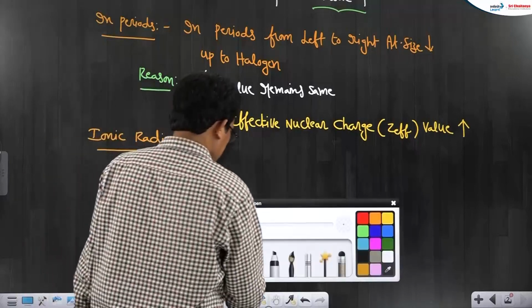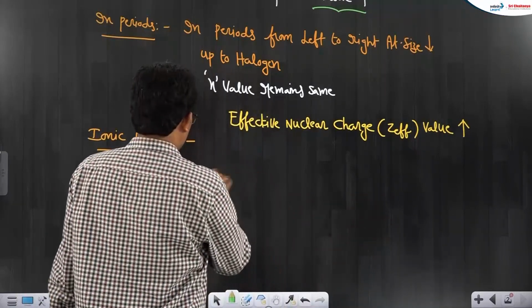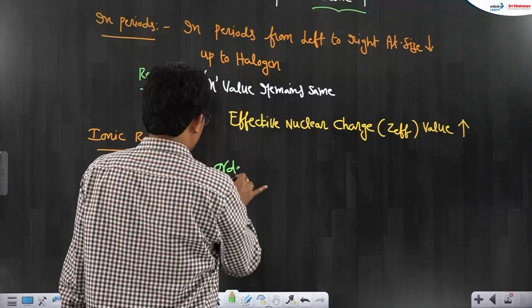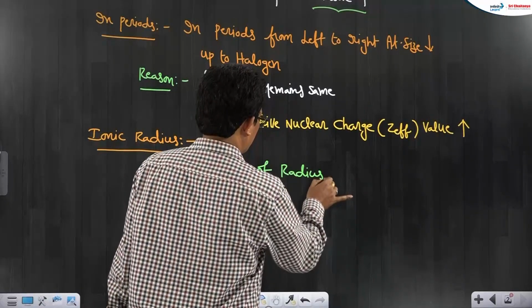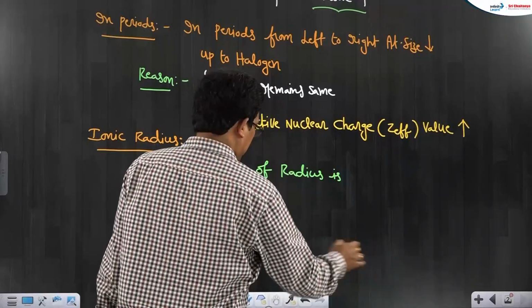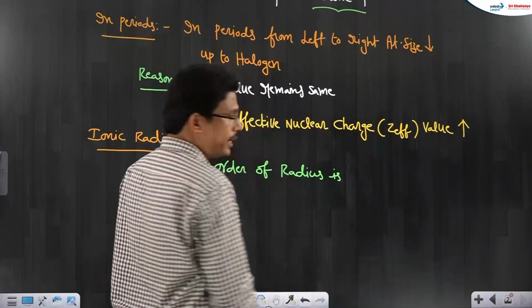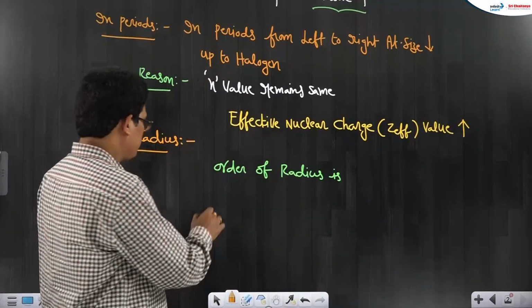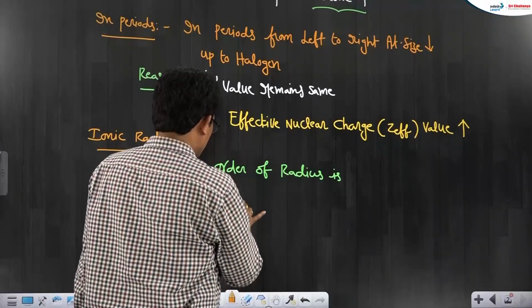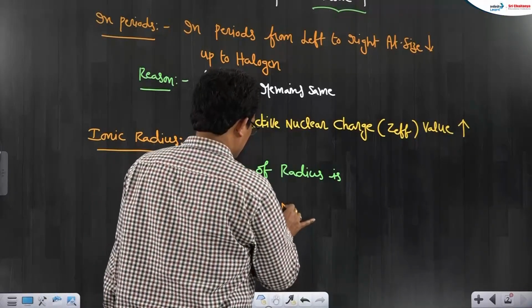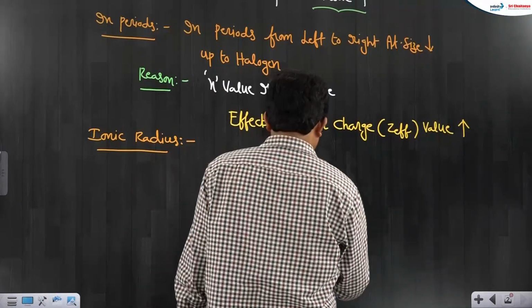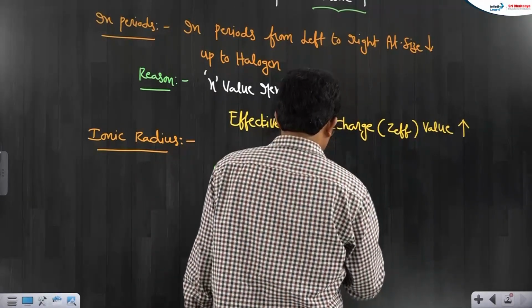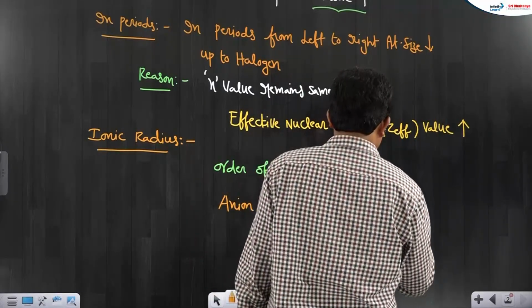In general, the order of radii is: anion is always greater than neutral atom, which is always greater than cation.